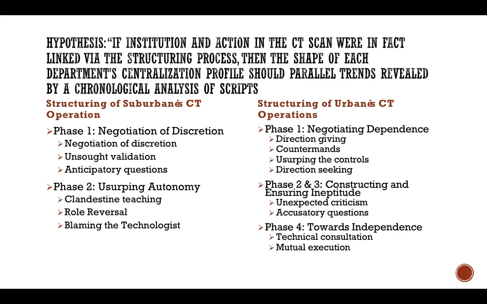So looking into the suburban CT operation, the study shows that the structuring occurred in two phases, and in the urban hospital it occurred in four phases. So for the suburban hospital, they found that in phase one there was negotiation of discretion, where initially the radiologists and the technologists were trying to clarify each of their roles.